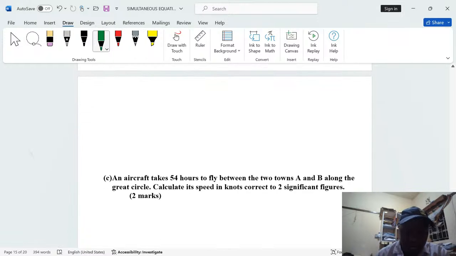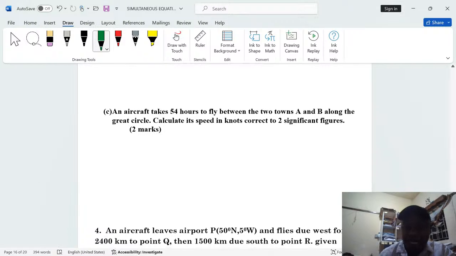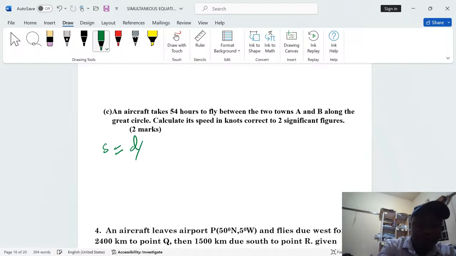And furthermore, we are told that an aircraft takes 54 hours to fly between towns A and B along the great circle. Calculate its speed in knots to two significant figures. We are supposed to know that for us to get speed, we need distance out of time.